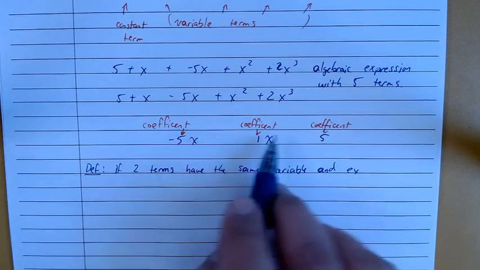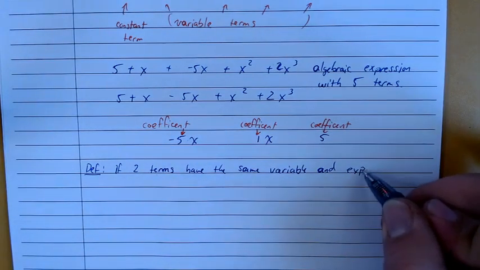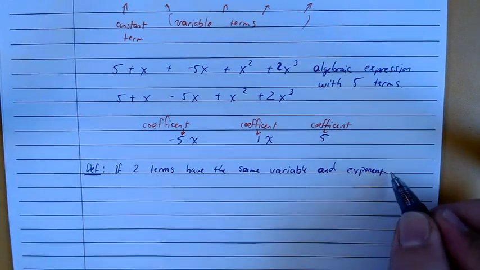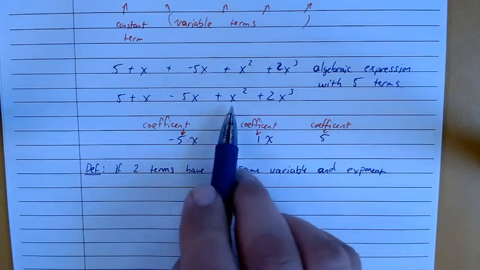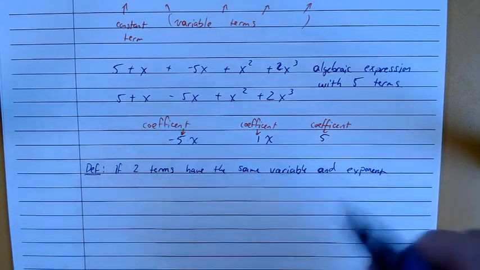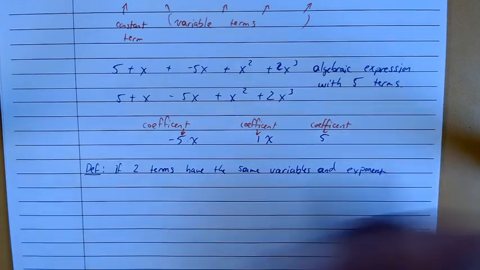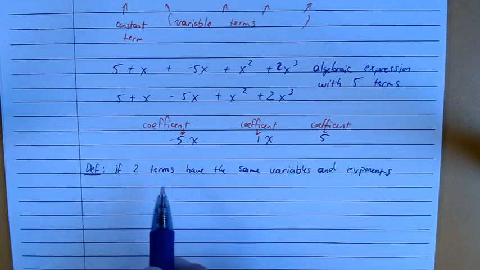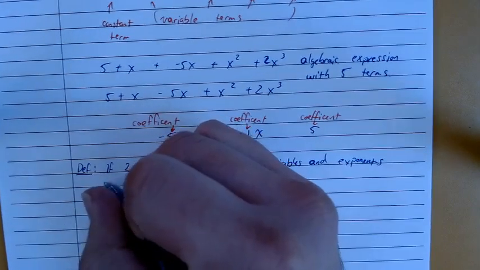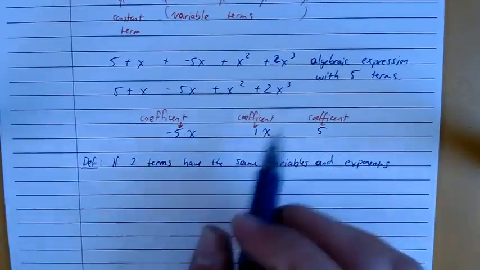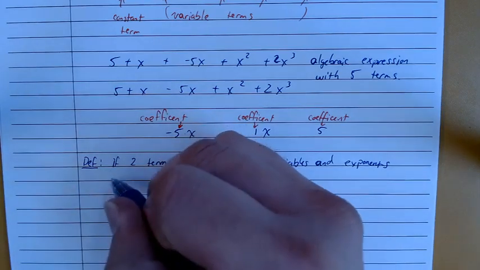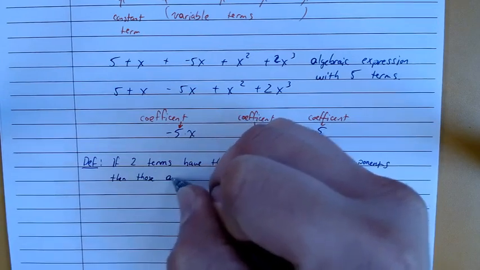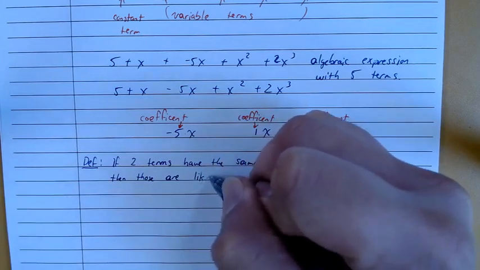They should still not have an exponent. Or in the case of multiple variables, you might have an x and a y. That's fine. You may have more than one later on down the line. If 2 terms have the same variables and exponents, the coefficients can be different. They can be the same. We don't say anything about those. Then those are what are called like terms.